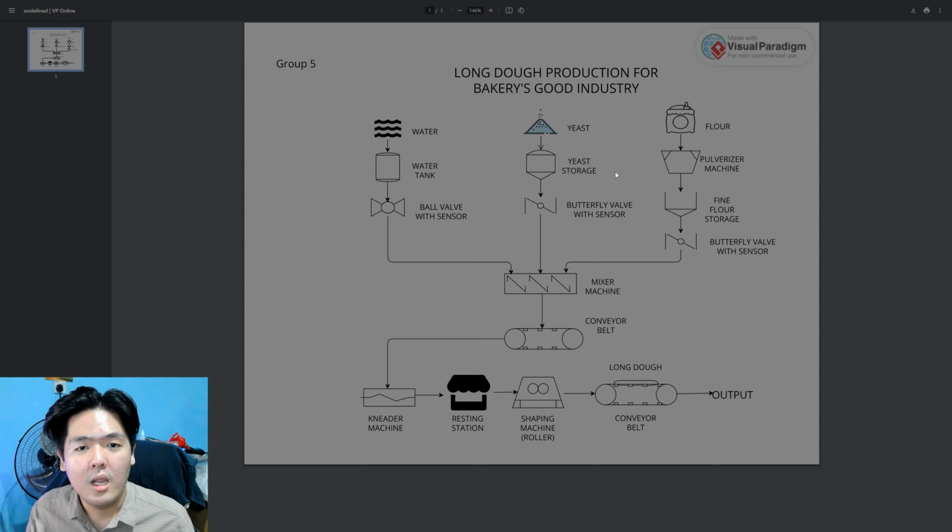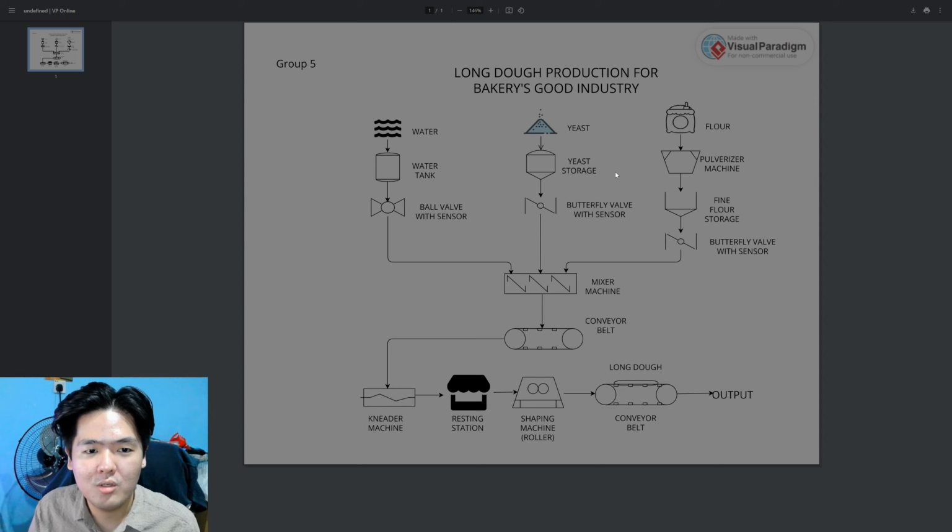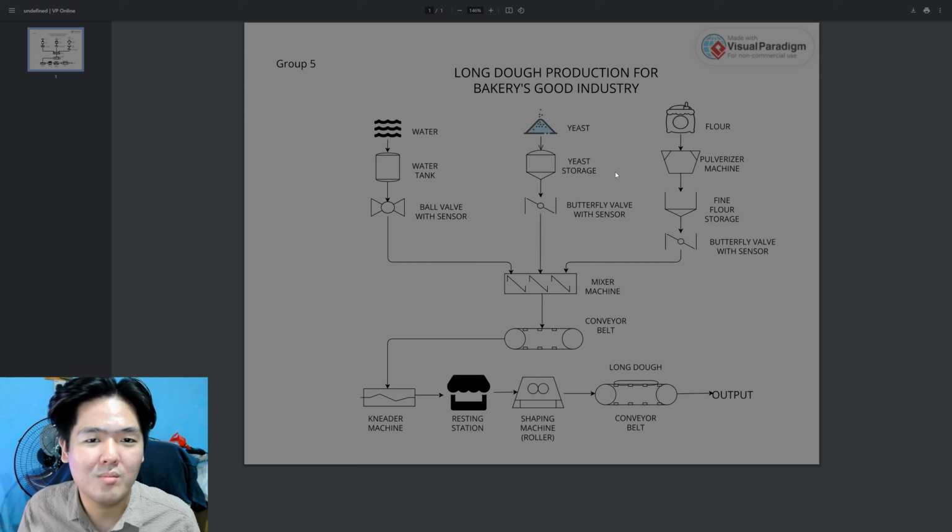to reduce labor costs, because in industrial production we want to make it much more independent. It operates independently so that we can reduce the labor costs. For example, per batch we may only need 5 liters of water to make a long dough, and maybe theoretically 500 grams of yeast and 5 kilos of flour.